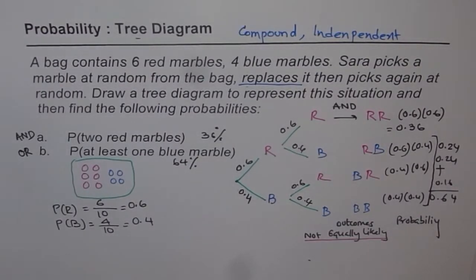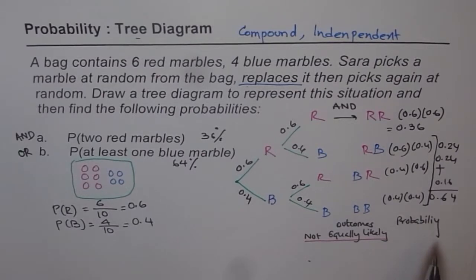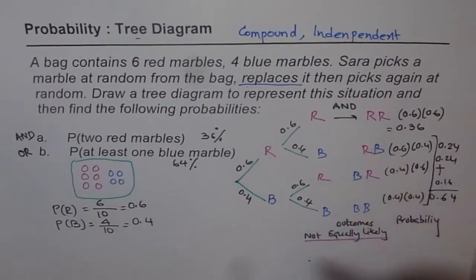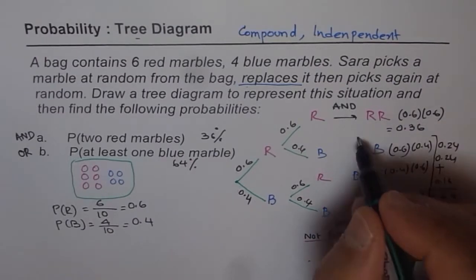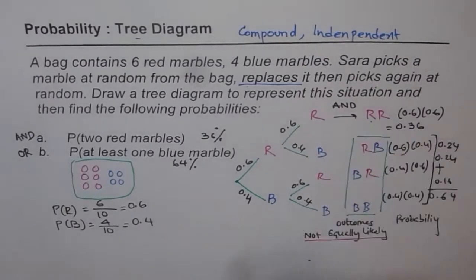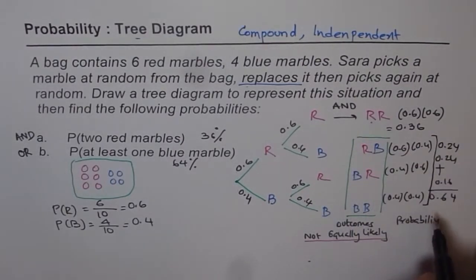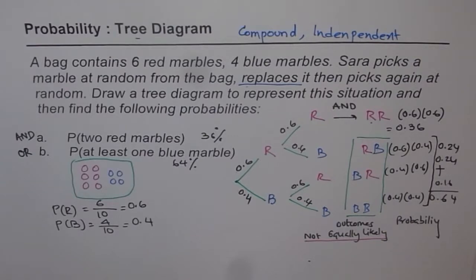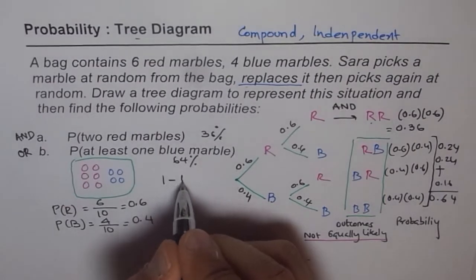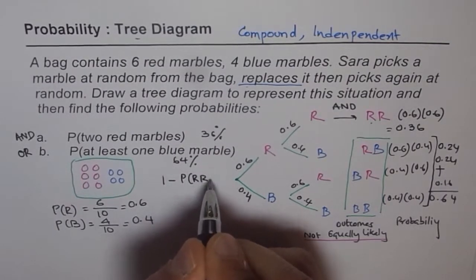Can you suggest another way of doing it? Yes, of course. At least 1 blue means all these cases except for one, right? So we are interested in all the cases here except for one. The total, as we know, should be 100% or just the number 1. So for at least one, we can write 1 minus the probability of getting 2 reds.